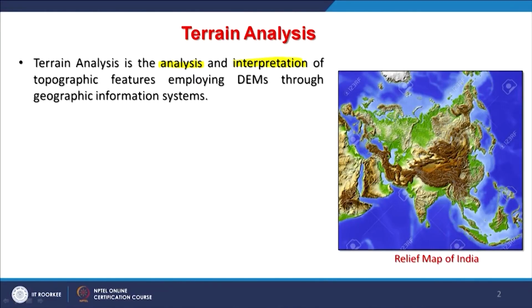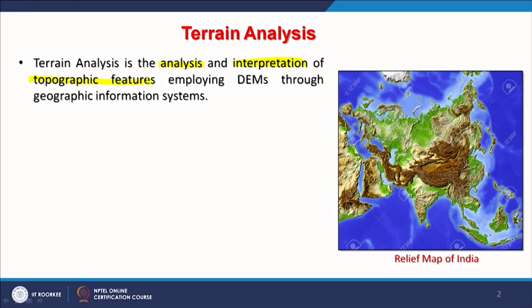A lot of time should be spent on this, because processing can be done by a technician, but the interpretation, the skill which you develop, is unprecedented and cannot be replaced by any machine. So basically for terrain analysis, we do the analysis and interpretation of topographic features, and that means landforms, geomorphic landforms which are present on the surface of the earth.